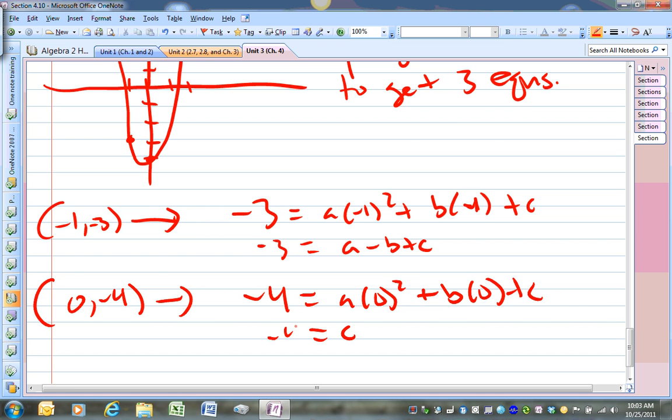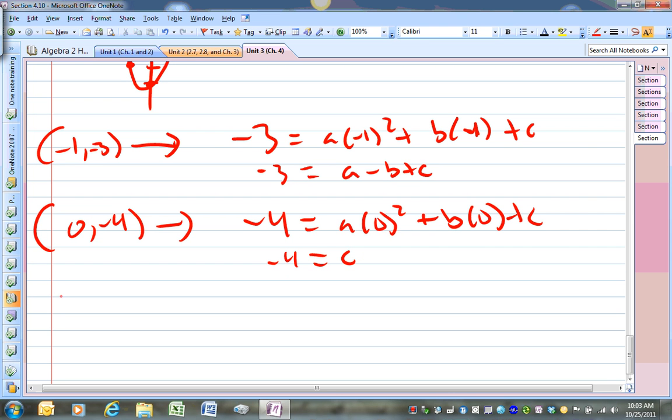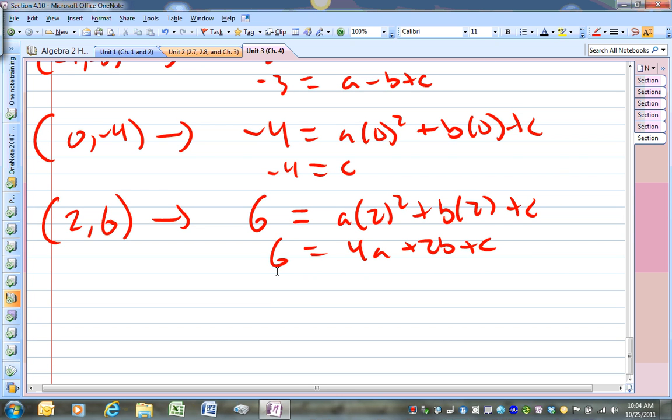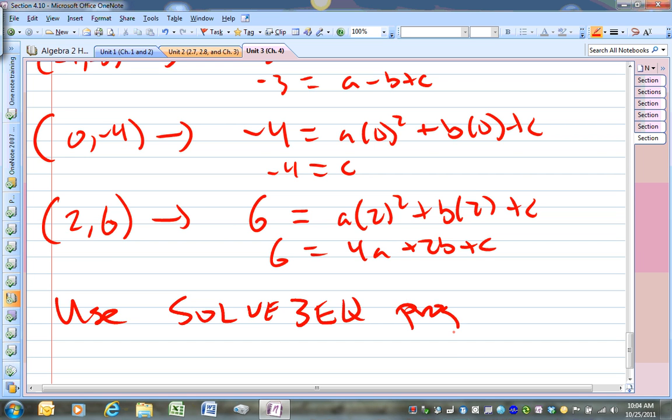So c equals -4. And lastly, (2, 6). So 6 equals a(2) squared plus b times 2 plus c. 4a plus 2b plus c equals 6. Then what you can do when you have 3 equations, 3 variables, is you can use a program in your calculator, solve 3eq, to work this out.